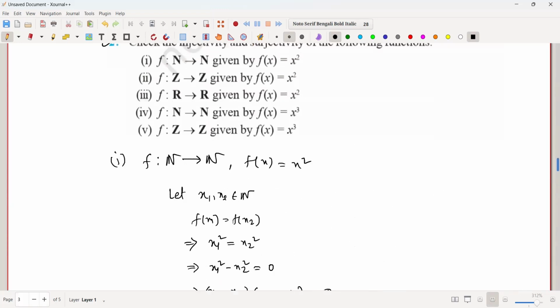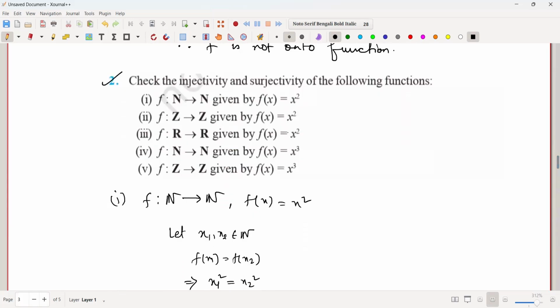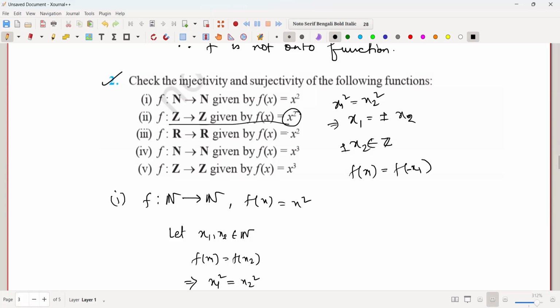Okay, so for Z to Z, in this case f(x) equals x square, again we will find the solution of this: x1 whole square equals x2 whole square. This we get x1 equals plus or minus x2, and both plus and minus x2 belong to Z. So f(x1) equals f(minus x1).